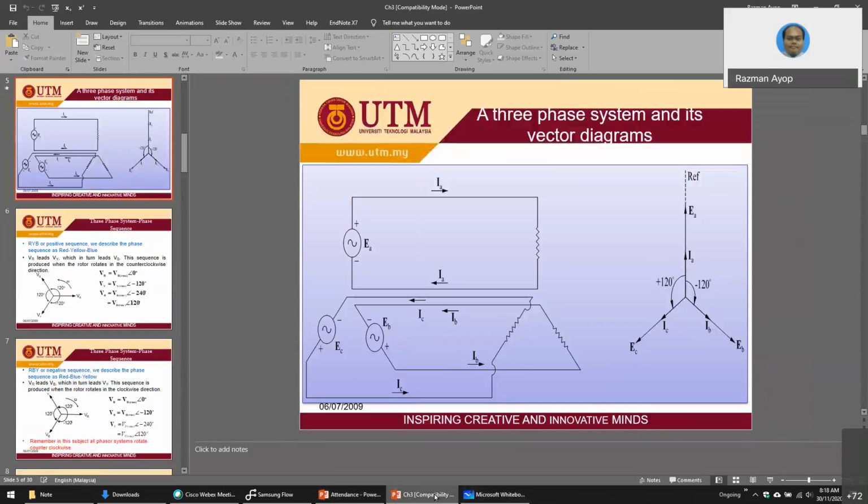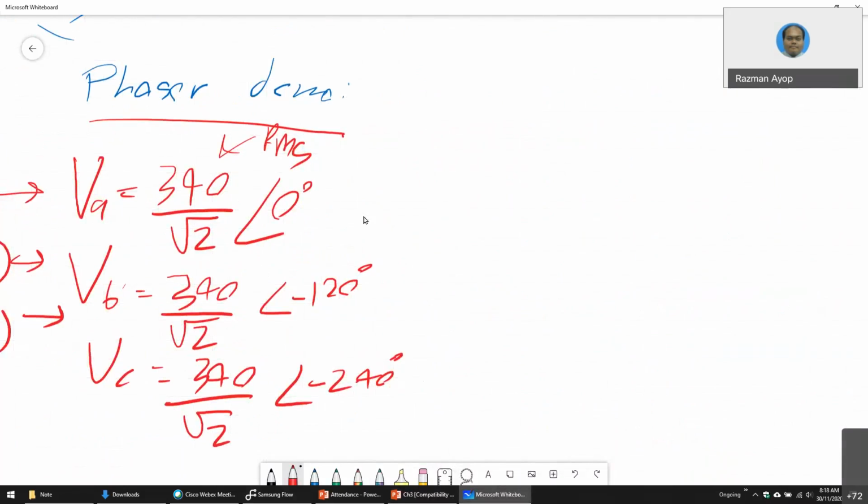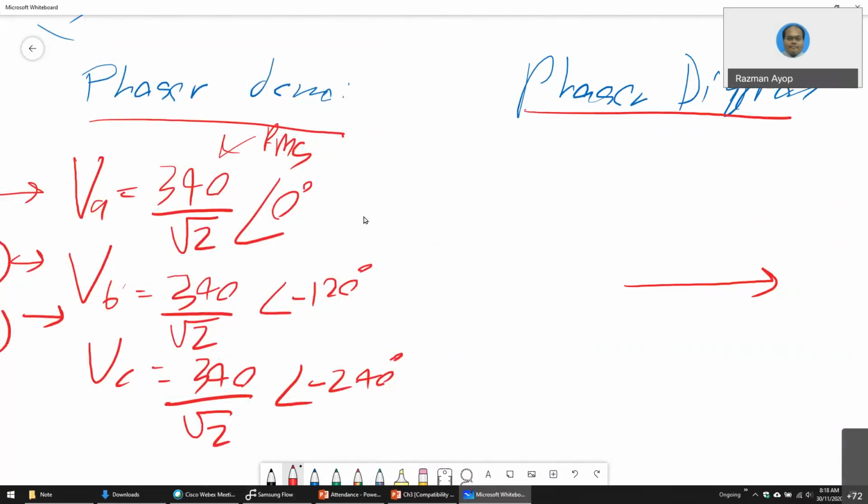How to draw the phasor diagram? You have the phasor, now you need to draw the phasor diagram. So how to draw this: this one is VA, 340 divided by square root 2, which I think is just 240 if not mistaken. So 240.